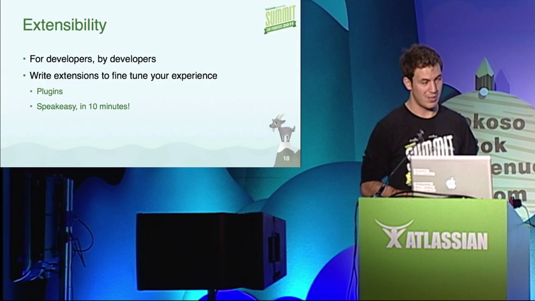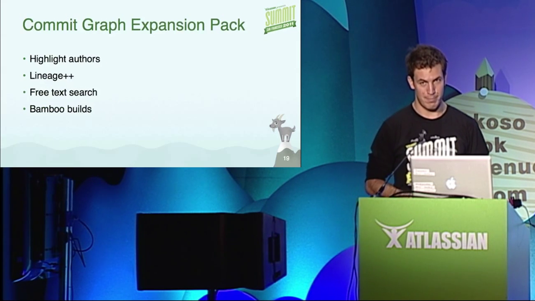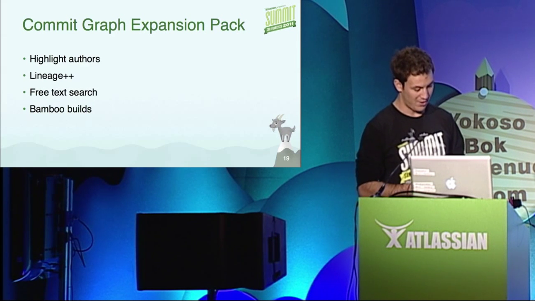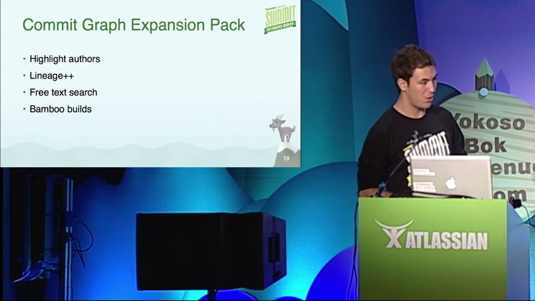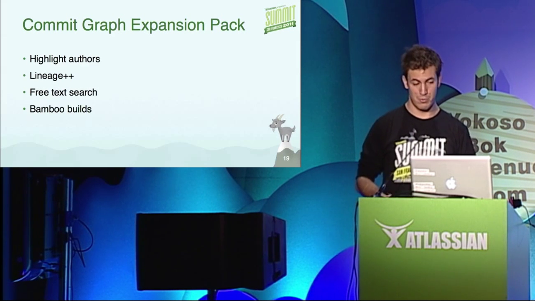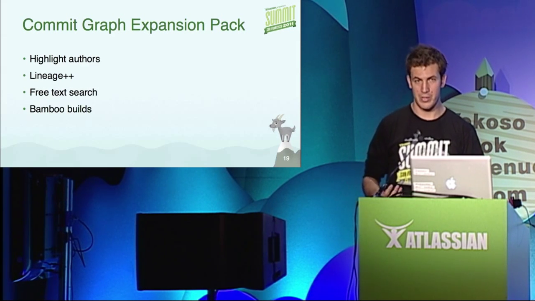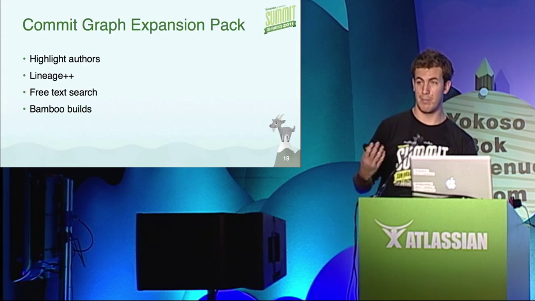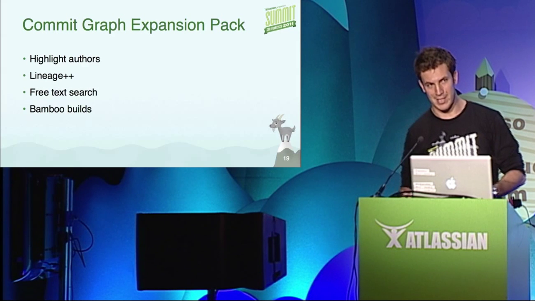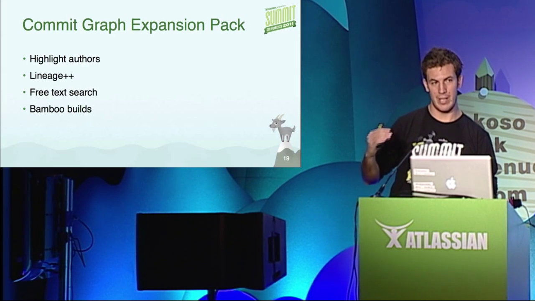So we're actually planning on releasing a commit graph expansion pack, which you'll be able to get via plugins.atlassian. In the last week we've had 3 or 4 of our developers write some new highlighters that they found useful. So highlight me all the commits that are done by the same author when you select one. Or a lineage++, which shows me the differences between any 2 points.